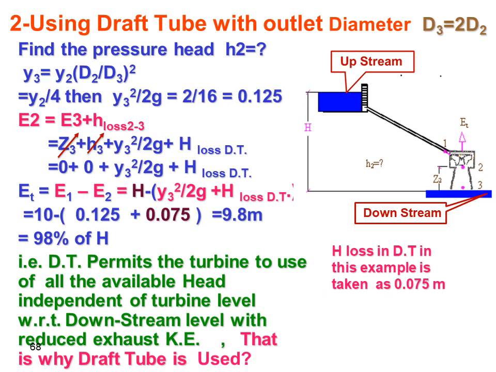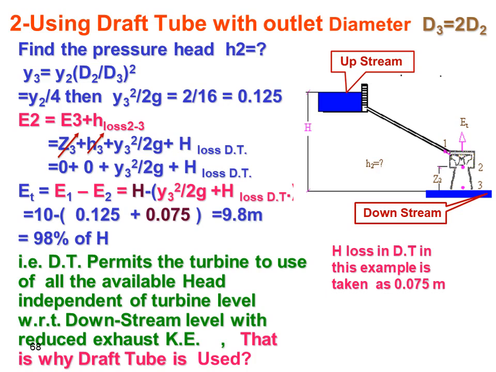And as we assumed V2 square over twice g as 2 from the previous example, you can find that V3 square over 2g equals 2 over 16, which equals 0.125. Let us estimate the energy at 2 in order to calculate the useful energy, E turbine.